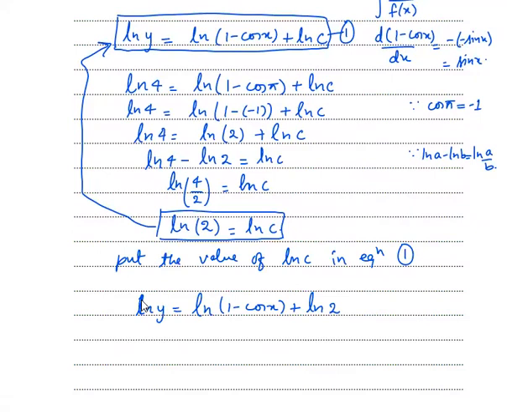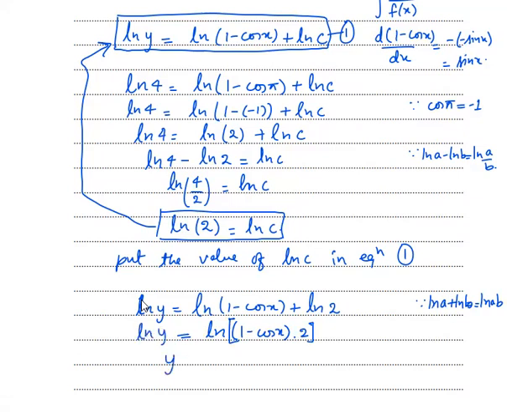Okay, so now here we have ln a plus ln b. Since ln a plus ln b is equal to ln of a into b, using that property I can write this as ln of 1 minus cos x into 2. And here we have ln y.